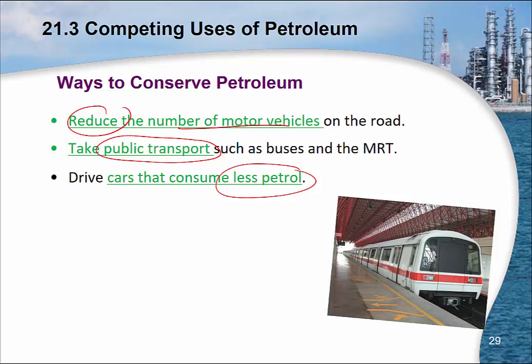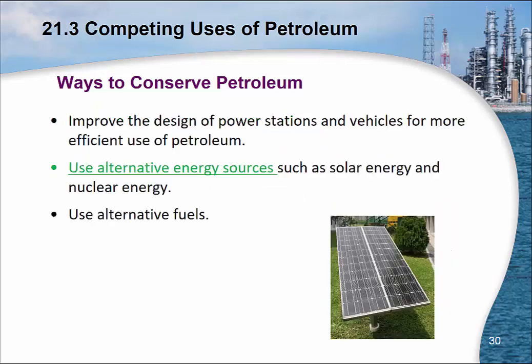So if you use cars that use less petrol, for example, in some other countries they may mix alcohol with petrol, so that you won't have 100% petrol reliance. Or use hybrid cars where they use electricity together with petrol. So you use less petrol for every kilometer you travel.